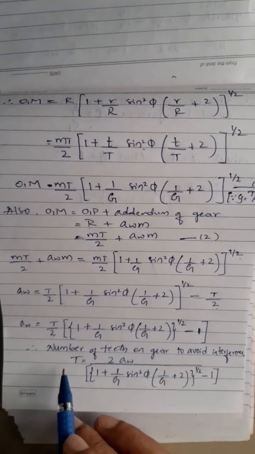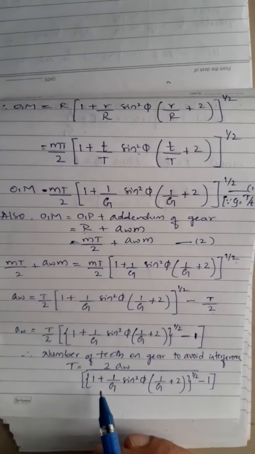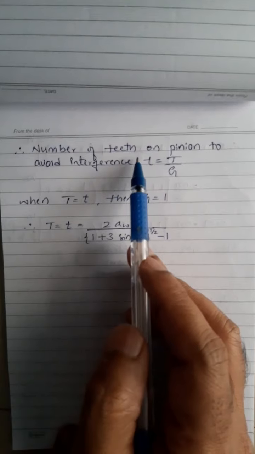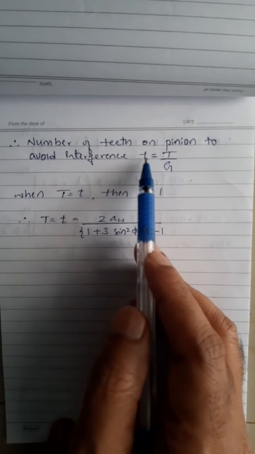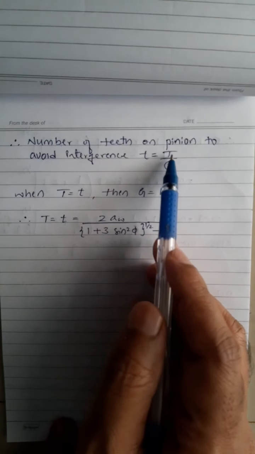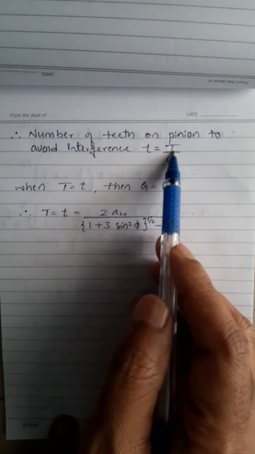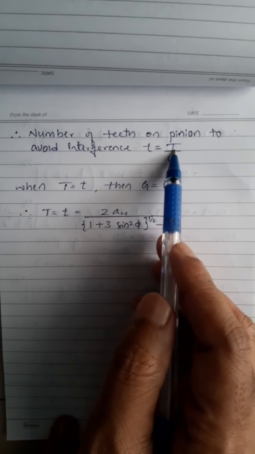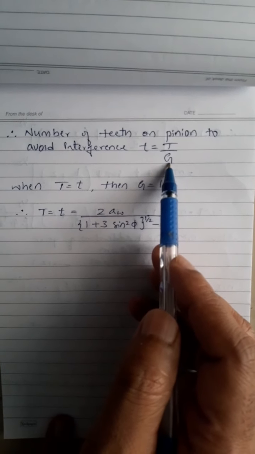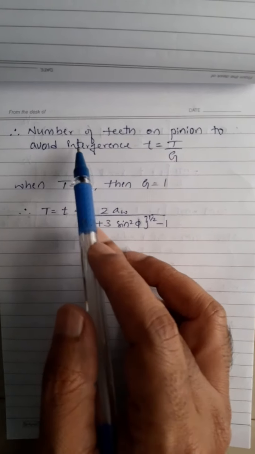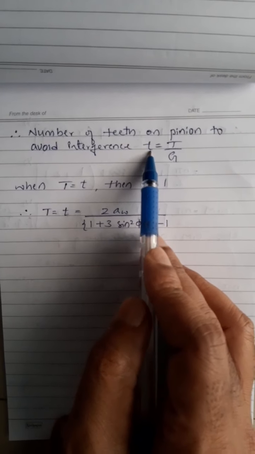Next we'll see the number of teeth required on the pinion to avoid the interference. So number of teeth on the pinion to avoid the interference, small t is equal to capital T by G. So whatever equation we had written for capital T, that is the number of teeth required on the gear, divided by the gear ratio. If you do that, you will get the minimum number of teeth required on the pinion to avoid the interference.